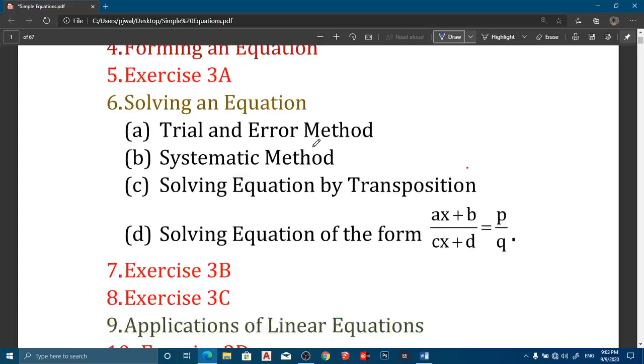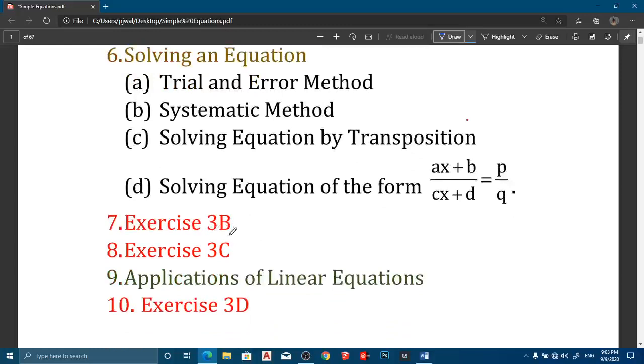Next, using these concepts, you have to solve the problems in exercises 3b and 3c, and then some applications of linear equations. Already you learned these applications when you were solving in the integers chapter and the fractions chapter also. Some problems you may have faced, by using equations only you can solve those problems.